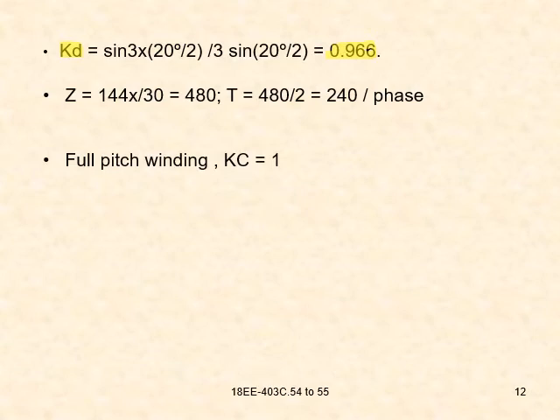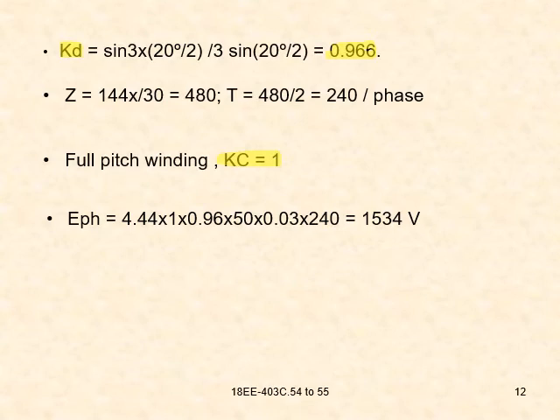And since it is a full pitched coil, the value of Kc is 1. From that, E phase is directly the formula 4.44 Kc Kd phi f T. So 4.44 is a constant, 1 is Kc and 0.96 is Kd.